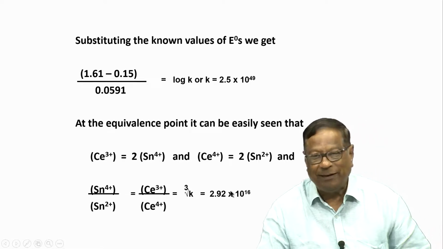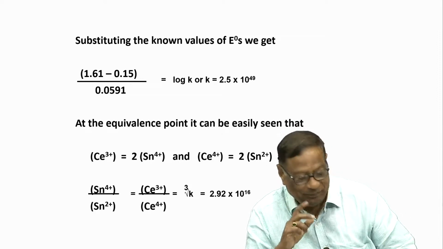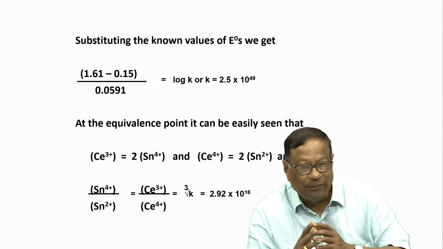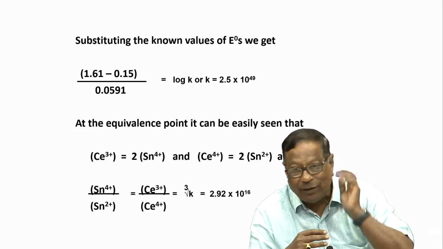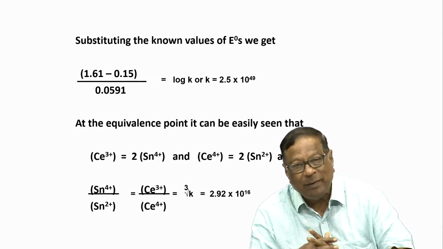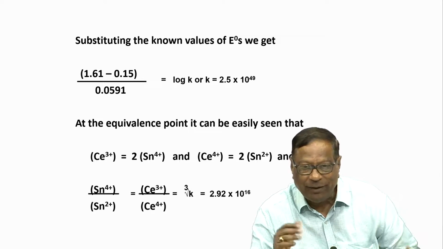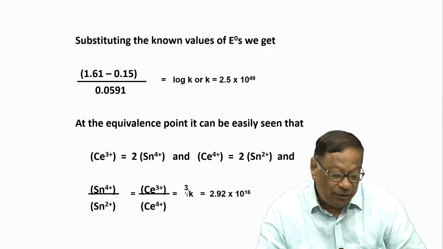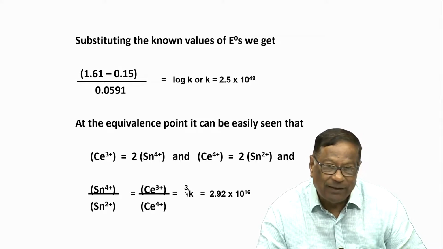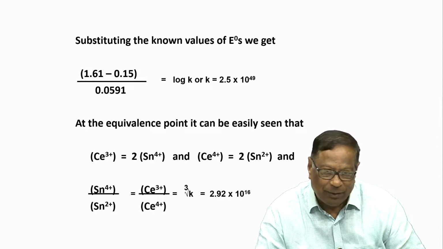What does it tell us again? I will give you 3 seconds pause, maybe 5 seconds pause. You must consider this reaction and tell me what it means. If you have guessed it, well and good, otherwise here is the answer. The ratio of stannic to stannous is the same as cerous to ceric, that is point number 1. Number 2, the ratio is 2.92 into 10 raised to 16 for any of these.